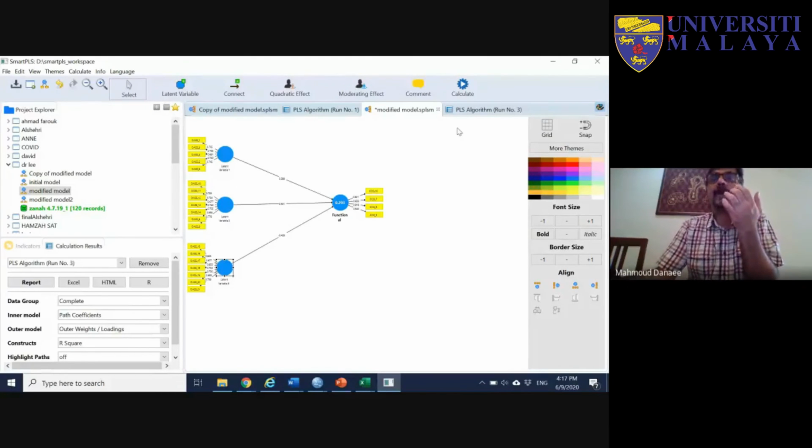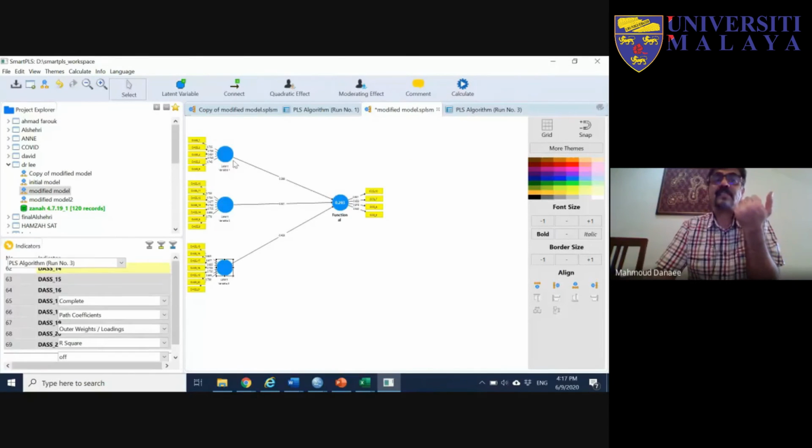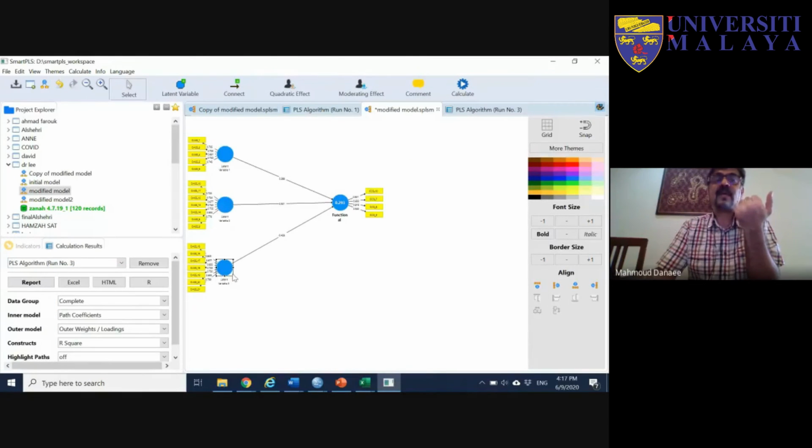So it means these 4 variables, these 4 constructs, have already met the convergent validity. That's fine. But we need to make sure whether this variable and this variable and this variable are measuring different things or not. If they are highly correlated, it means they are measuring the same thing. They also should be different in terms of measuring the outcome, or discriminant in a simple way.